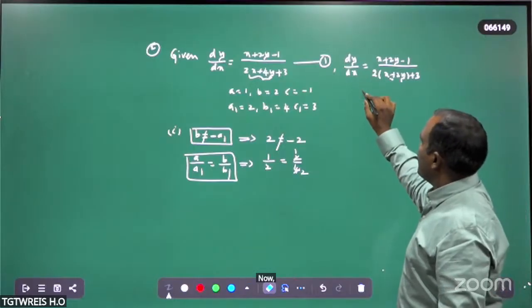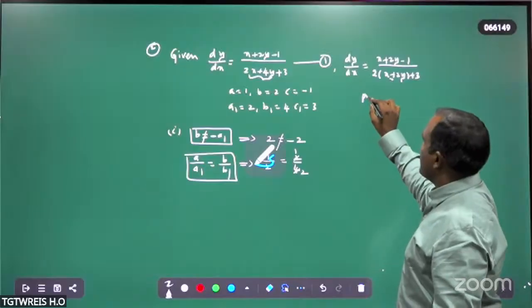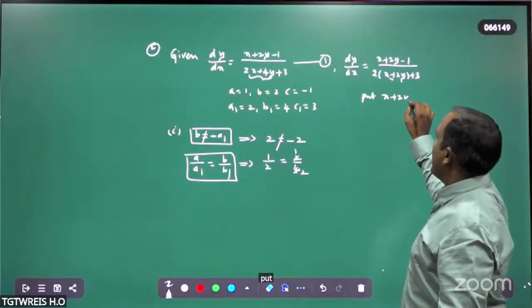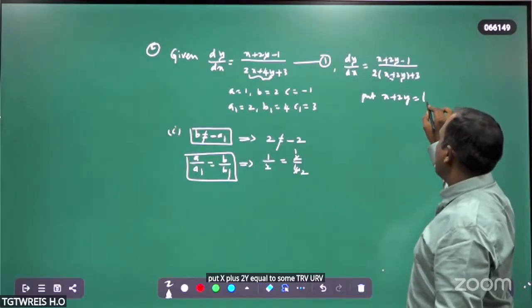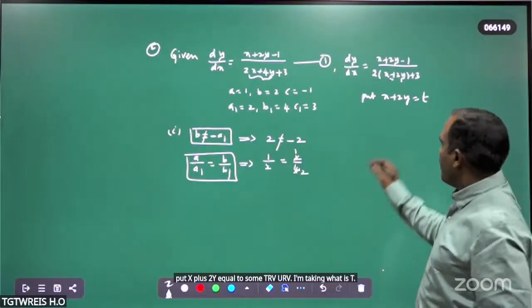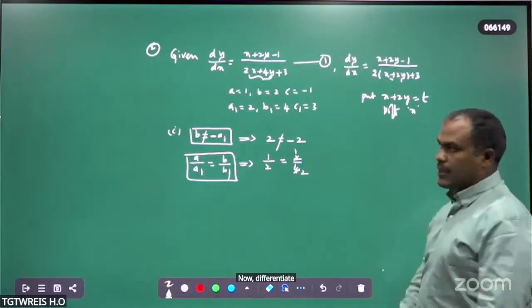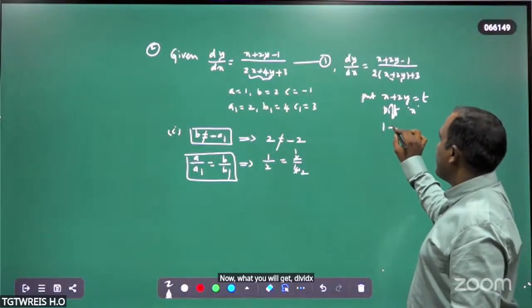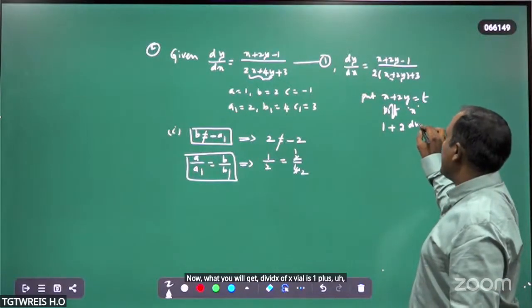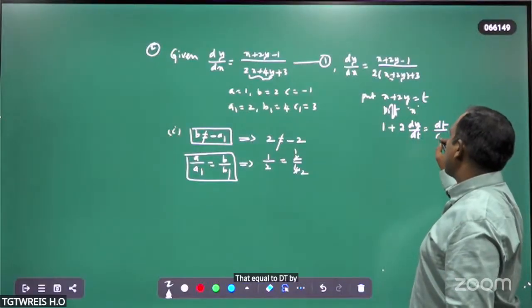Now we put x + 2y equal to some t, or v, your wish. I am taking t. Now differentiate with respect to x. d by dx of x is 1, plus 2 into dy by dx, equal to dt by dx.